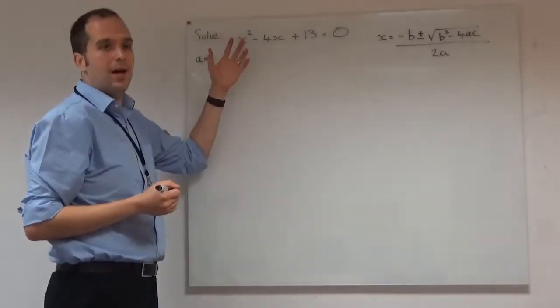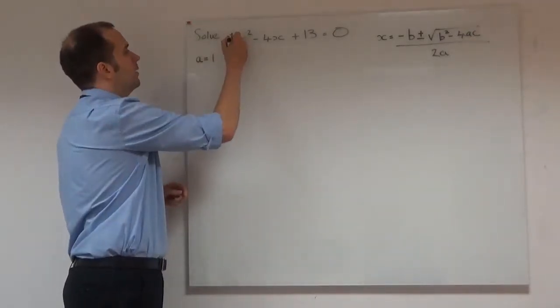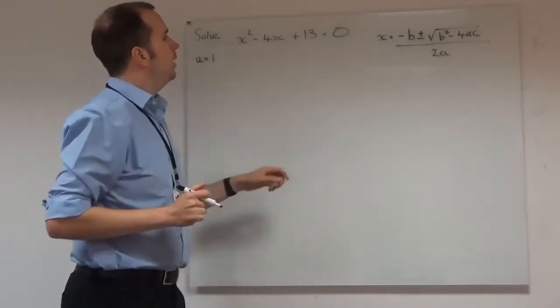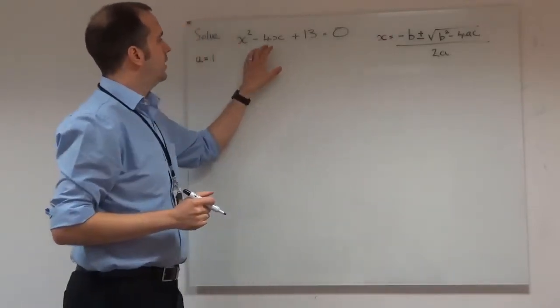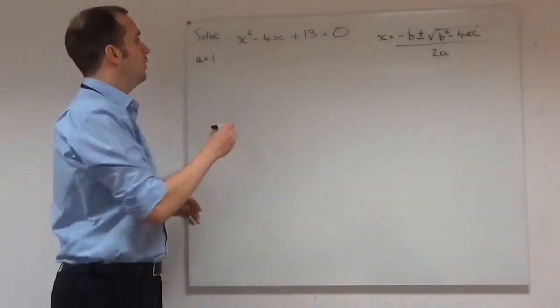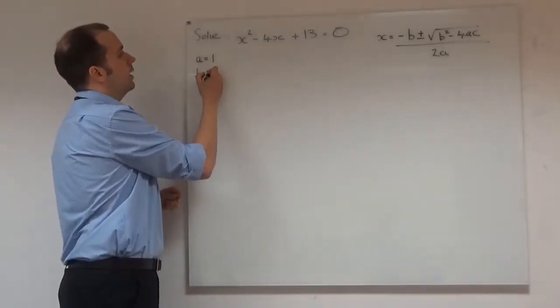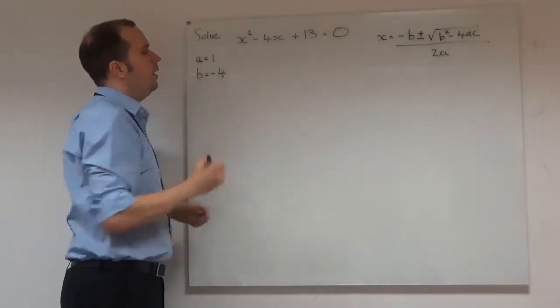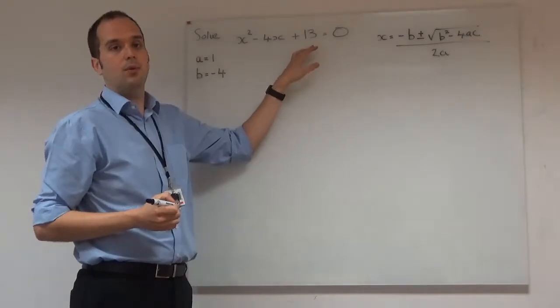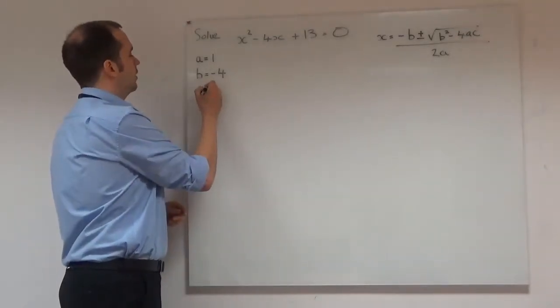We've only got x squared, that really means 1x squared, but we don't normally include that, so a is 1. B is the coefficient of x, and don't forget we have to include the sign as well, so we can see b is minus 4. And c is the constant term, so in this example the constant term is 13.